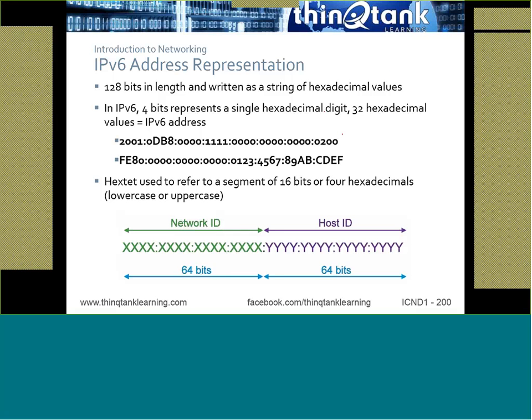It is 128 bits in length, and it's broken up into blocks of 16 bits. There's 8 of those. Those are called hextets. A hextet is a block of 16 bits.